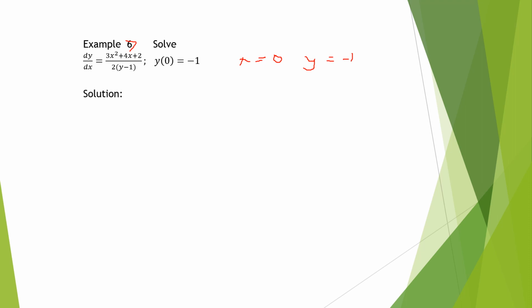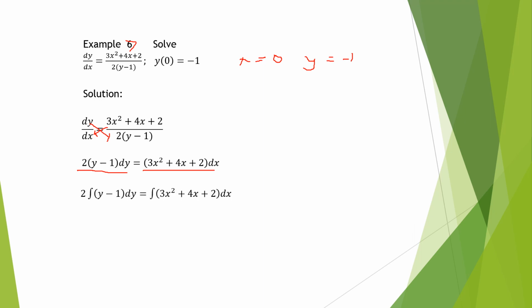So our solution, this is the original problem. Just cross multiply that. So the variables are separated automatically. So 2y minus 1 dy is 3x squared plus 4x plus 2 dx. The variables are separated, and integrate both sides.